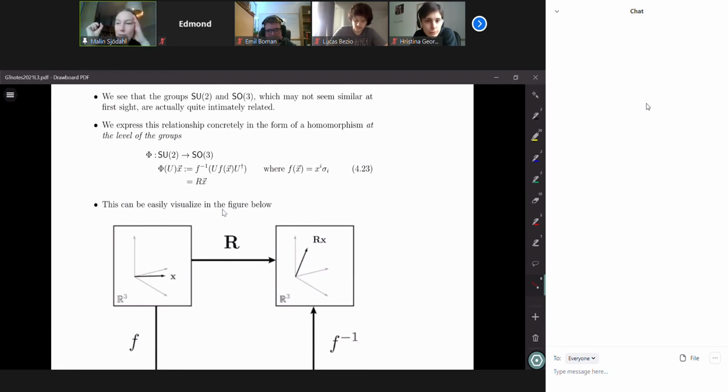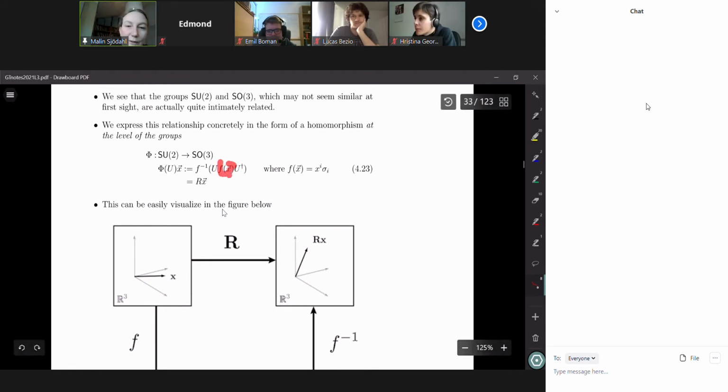So we will now consider the group homomorphism that takes us from SU2 to SO3, where this homomorphism phi is defined as phi of u acting on x is what you get if you first translate your x with f of x, so here you're in the Hermitian 2 times 2 space.